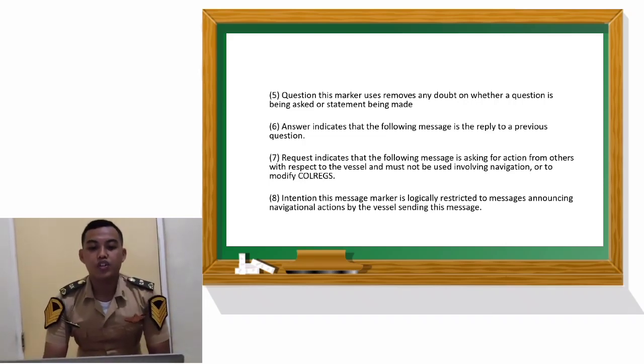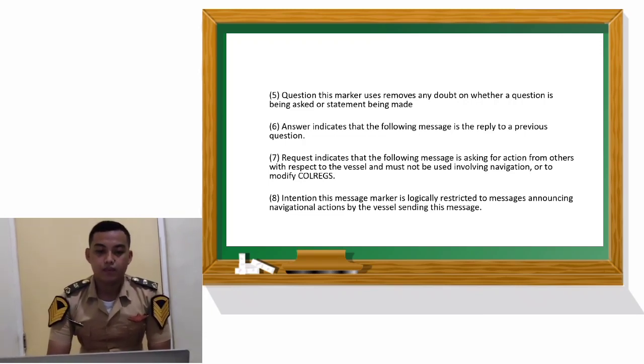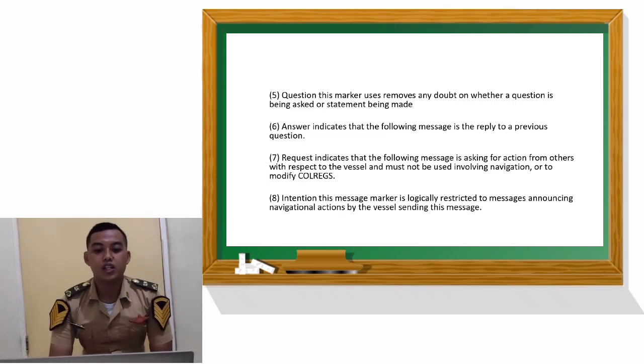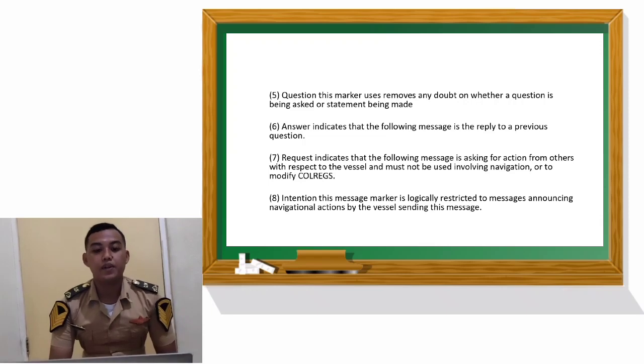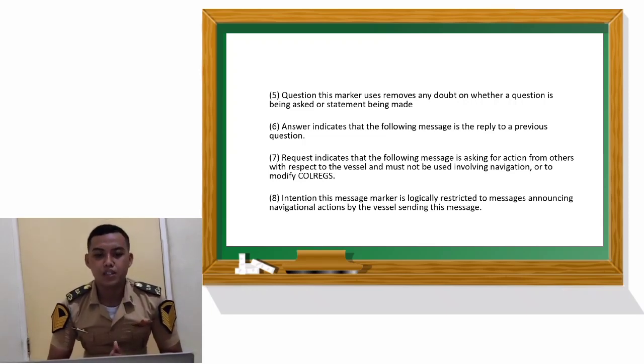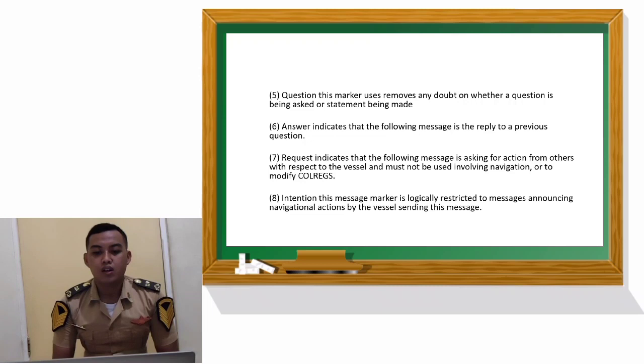For example, question: what is your present maximum draft? And answer. Answer indicates that the following message is the reply to a previous question. For example, my present maximum draft is 7 meters.